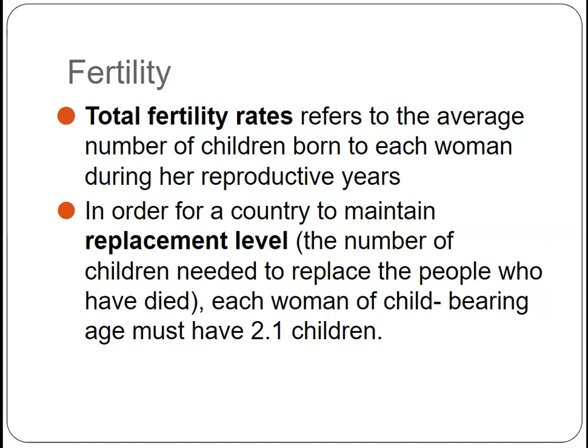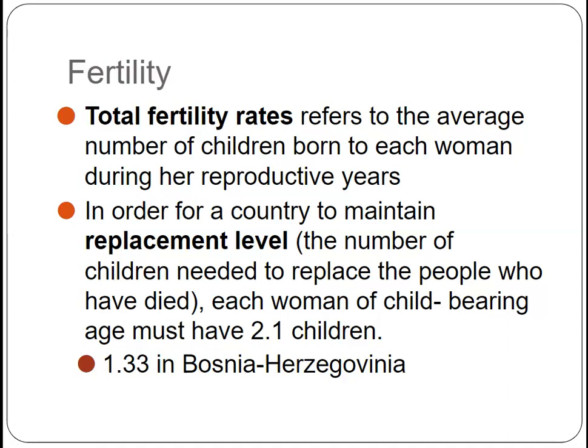Now, as we'll see, not all countries have that number. So, for example, in Bosnia and Herzegovina, it's 1.33. So that means each woman is having on average 1.3 children. That's not enough to replace a reproducing couple when they pass away, right? So that's not enough to replace the reproductive parents.